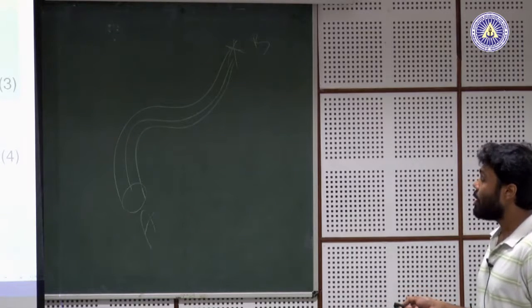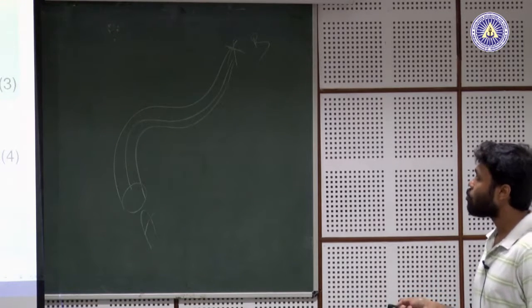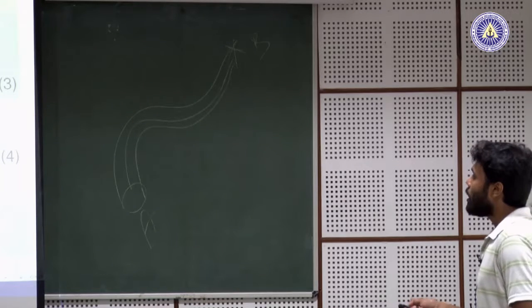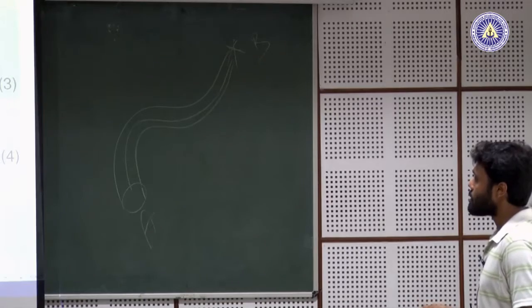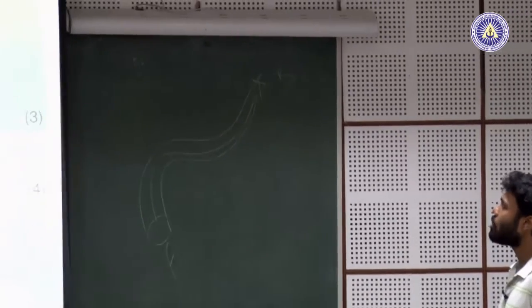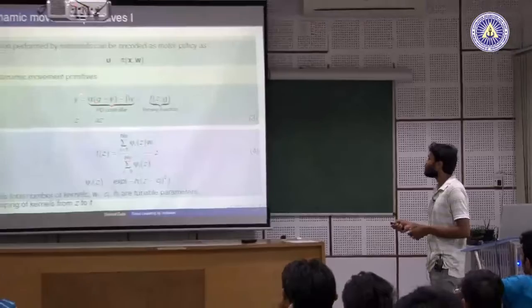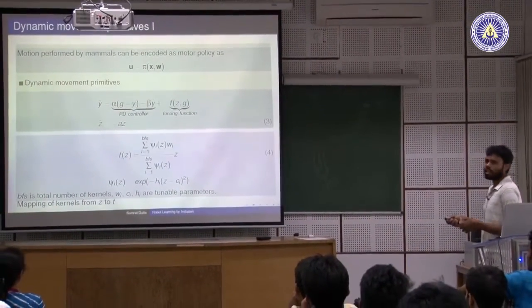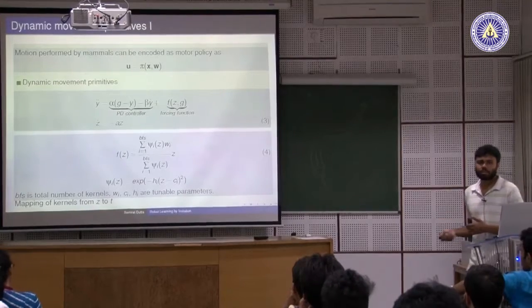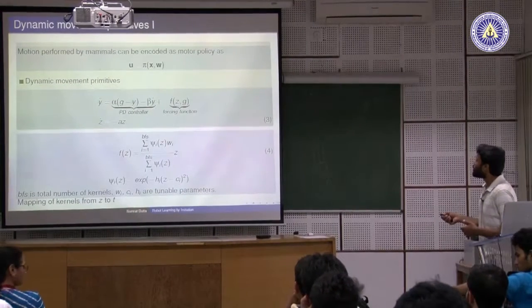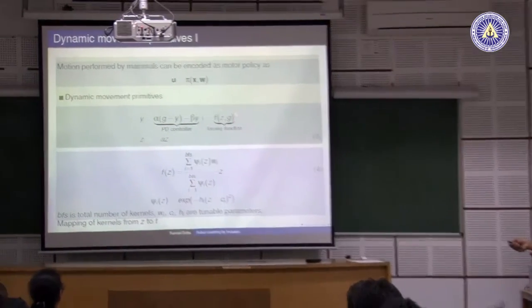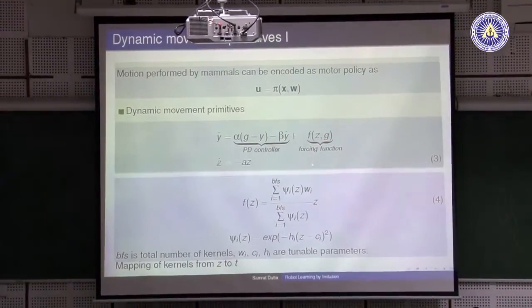Now, as stability is the issue, what dynamic movement primitive does is it learns the dynamics like this. Here I have shown second order dynamics, I have taken y double dot. You can change the state space, you know that. It is represented as a combination of a PD controller and a force, a nonlinear function.